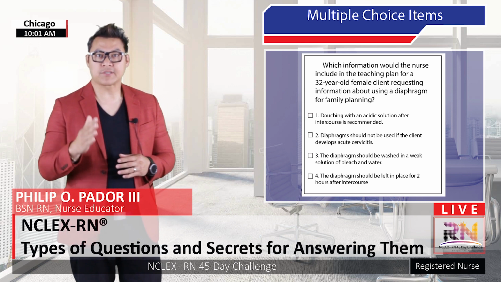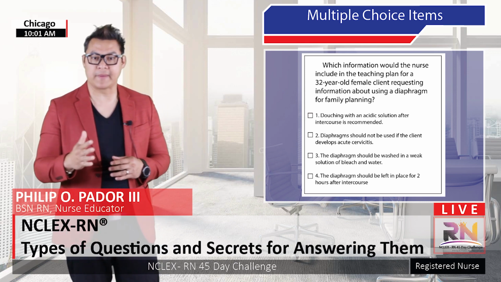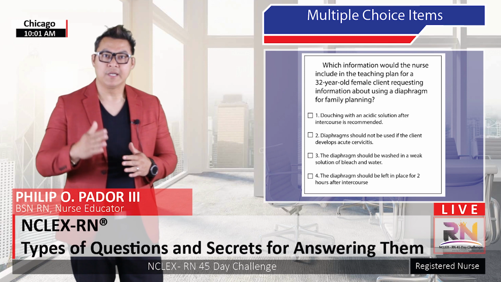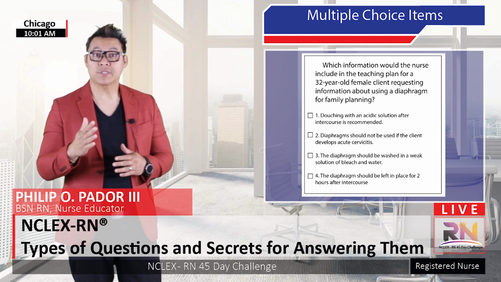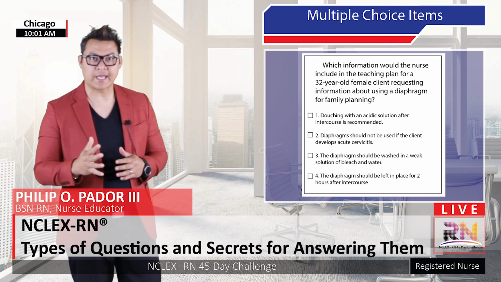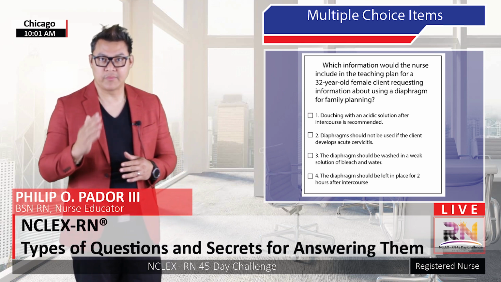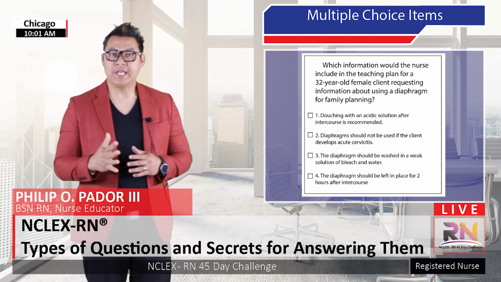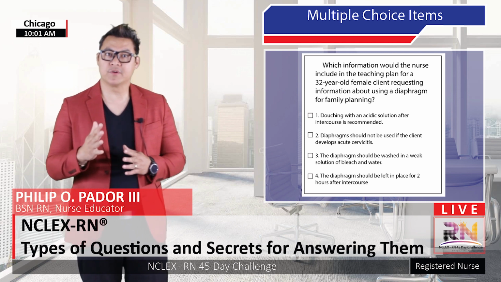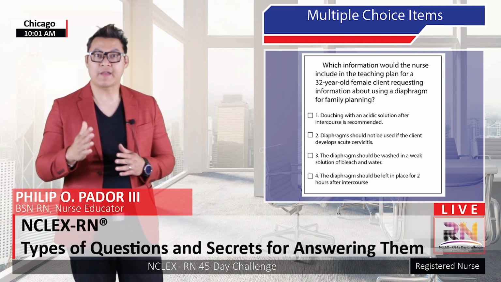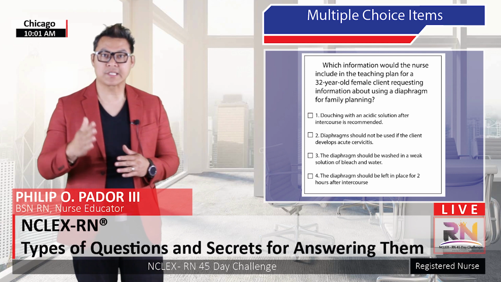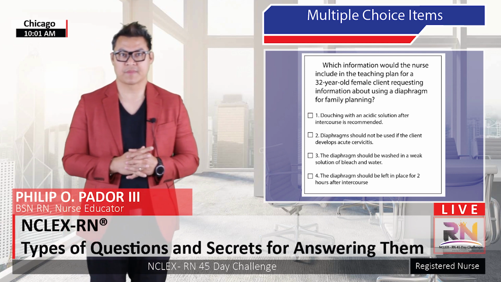Douching with an acidic solution after intercourse is recommended. 2. The diaphragm should not be used if the client develops acute cervicitis. 3. The diaphragm should be washed in a weak solution of bleach and water. And number 4, the diaphragm should be left in place for 2 hours after intercourse.